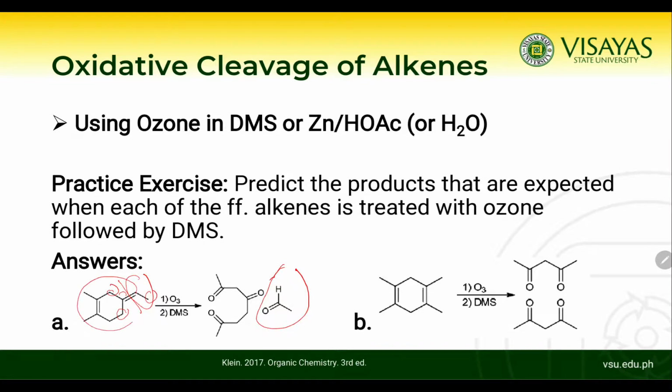Then, this one will be a ketone. Okay. All the bonded groups are alkyl. In this case, this double bond is also tetra-substituted. 1, 2, 3, 4. 4 carbons. Same on the other side. 1, 2, 3, 4. So, we expect our products are all ketones, because it is tetra-substituted.